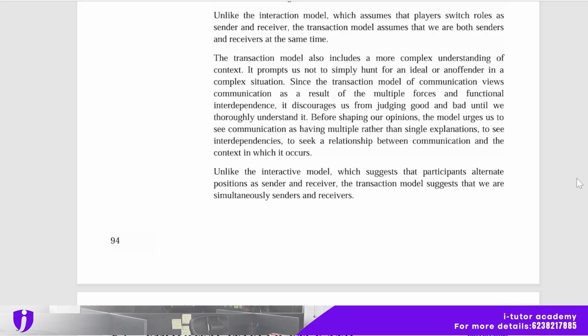It discourages us from judging good and bad until we thoroughly understand it, and before shaping our opinions. The model urges us to see communication as having multiple rather than single explanations, to see interdependencies, and to seek the relationship between communication and the context in which it occurs. Unlike the interactive model, which suggests that participants alternate positions as sender and receiver, the transactional model suggests that we are simultaneously senders and receivers.